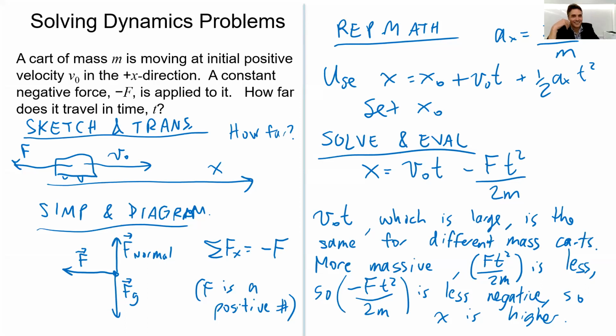Because we don't have any values in this question. Yeah, exactly. That's a really good question. What happens a lot is the question is, what's the answer? Well, the solution to the answer is just, I can put a box around this. x equals that. That is how far it travels in time t.